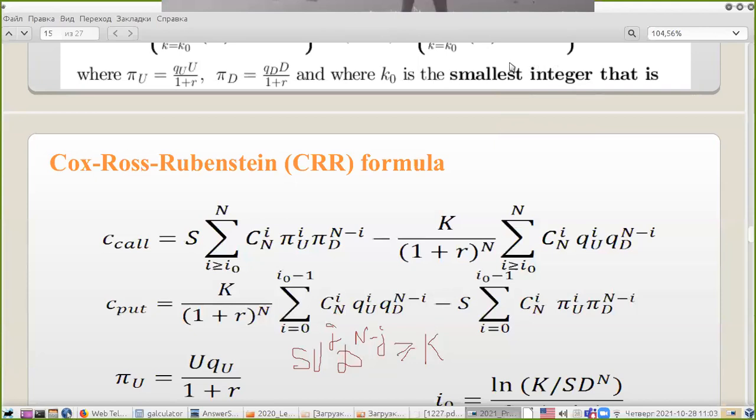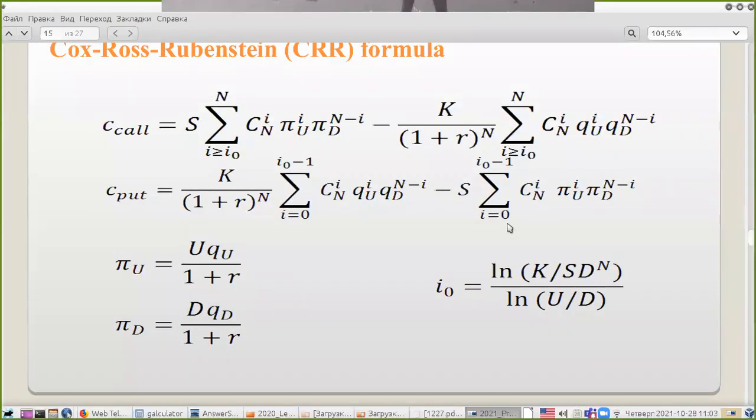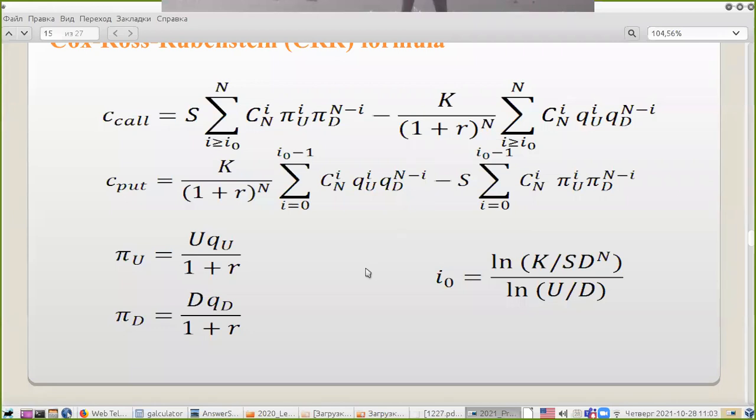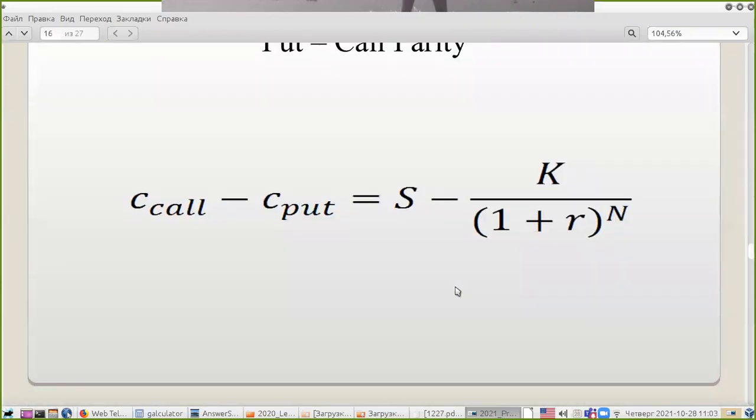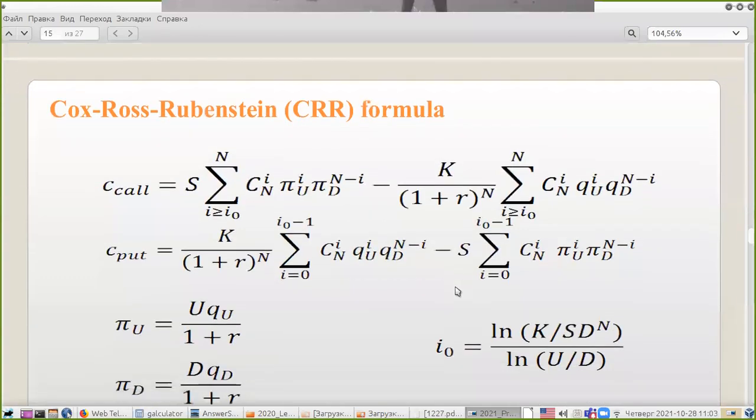Yes, so maybe it will be your homework because it's school algebra. If we solve this equality, we can find this index, but it's your homework. And it's clear that these formulas have a link, because they are similar, but we can add them, subtract them or multiply them.